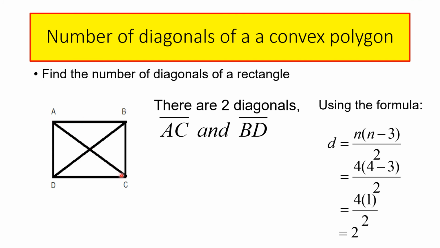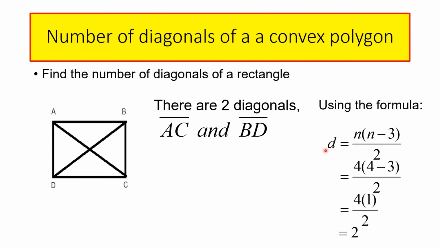If we draw a segment joining any two non-consecutive vertices, we can draw a diagonal. So we have one diagonal, we have another diagonal. Diagonal AC, segment AC, and another, diagonal segment BD.